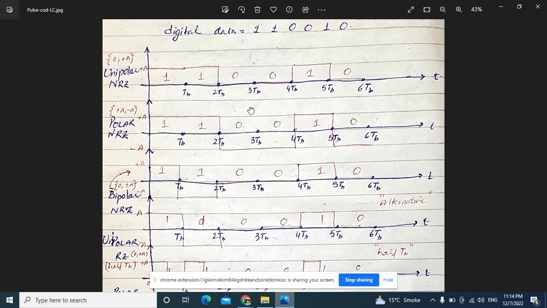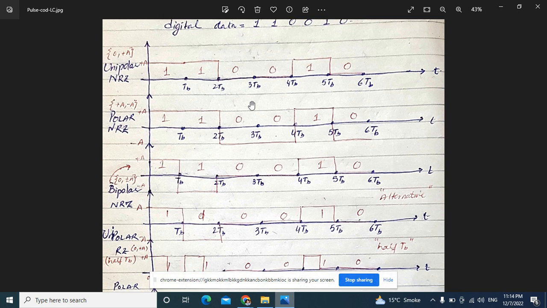But if you want to represent the same data for polar non-return to zero, you know that in polar you have two values, positive A and negative A, but the pulse is not returning to zero. Positive A for bit 1 and negative A for bit 0.